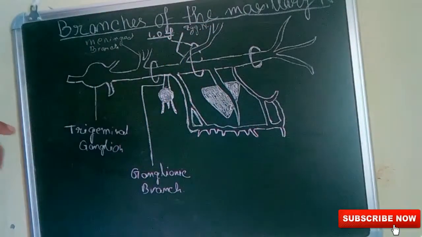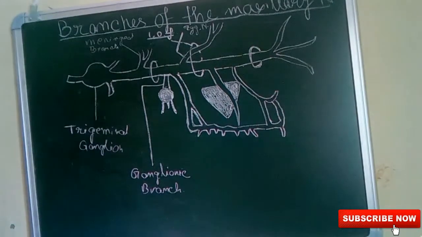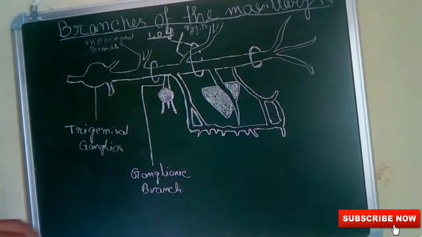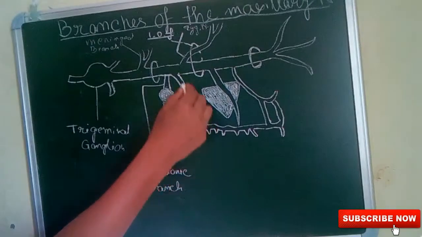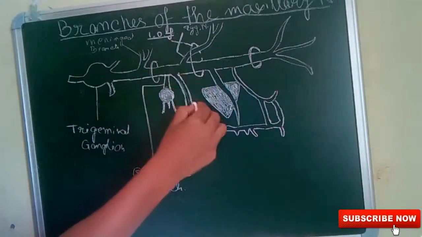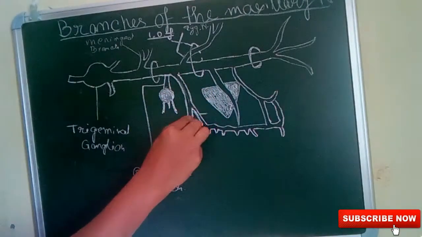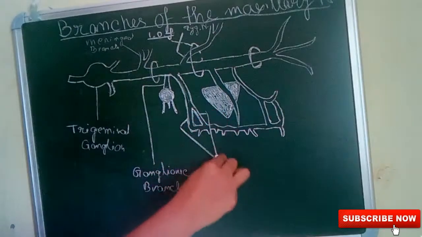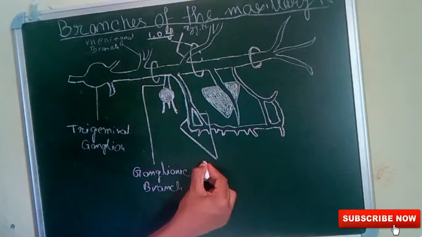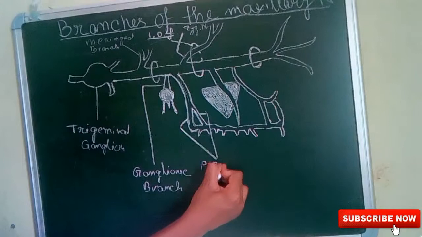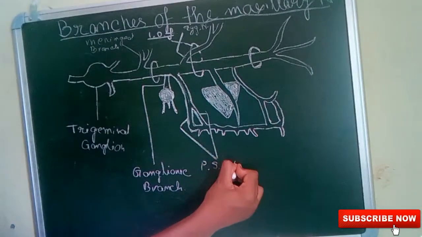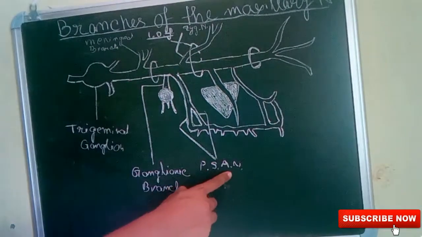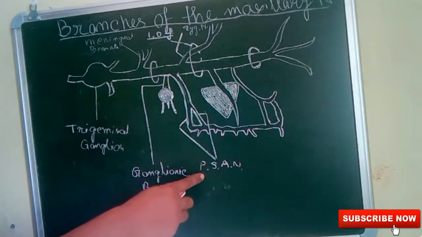Then the next nerve is the posterior superior alveolar nerve.